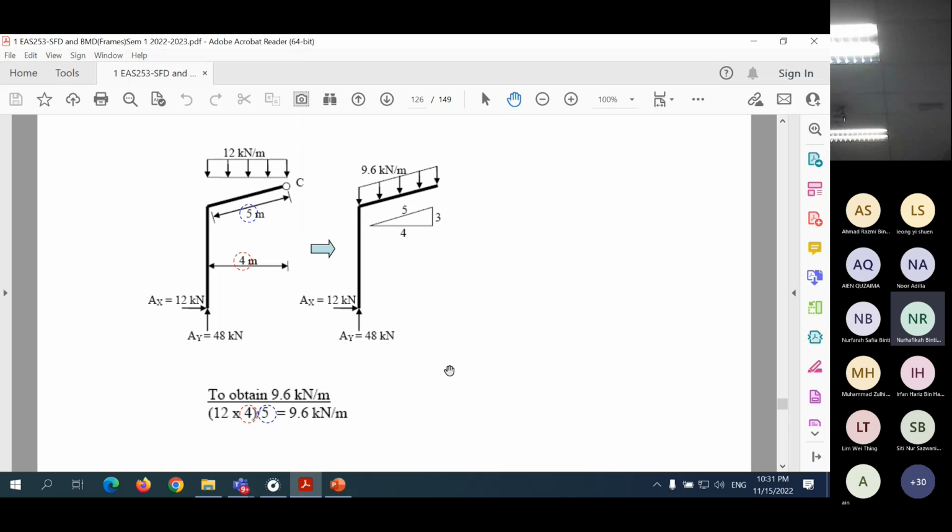So 12 multiplied by 4, the total divided by 5, you get 9.6 kilonewton per meter. That is how we get from 12 to 9.6. But 9.6 now, class, take note, is acting on the member now. So this is the conversion, okay?